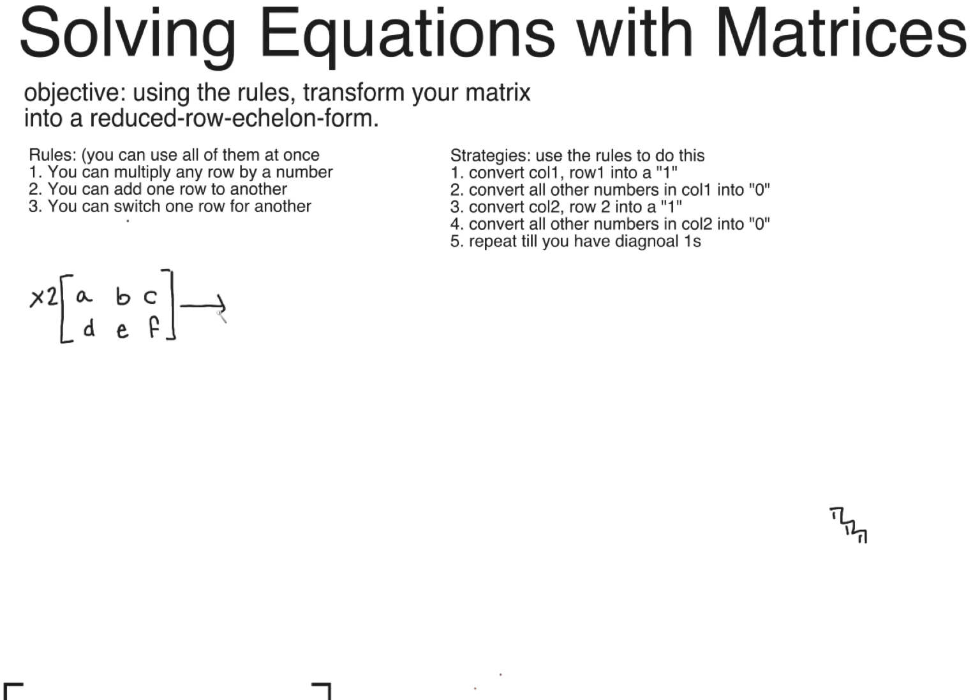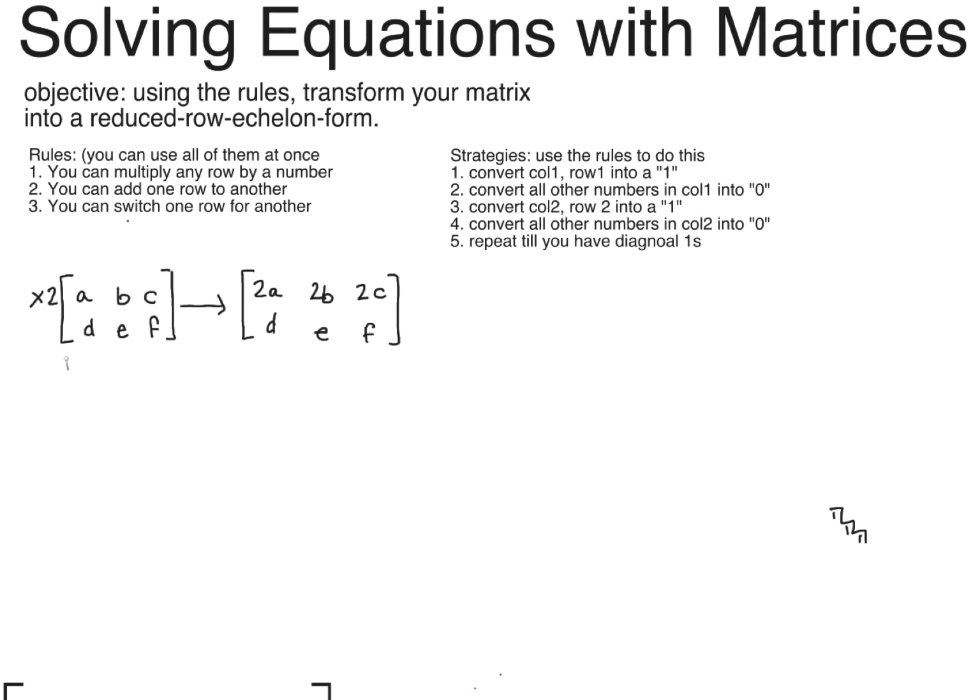What that means is that our row will then be 2A, 2B, and 2C. Not a very interesting change, but later on you'll see you can also divide by 2, which is one of the big reasons we're going to do it. But at least I wanted you to see what it was.